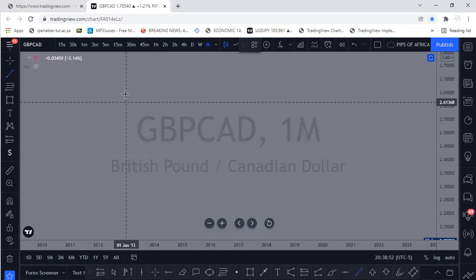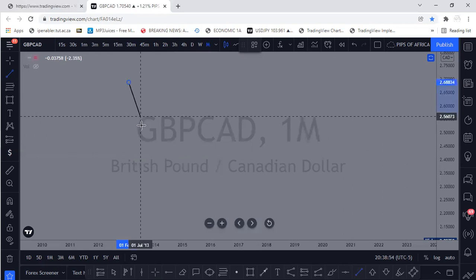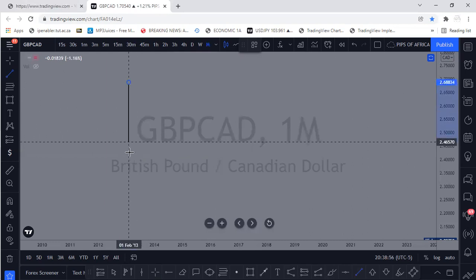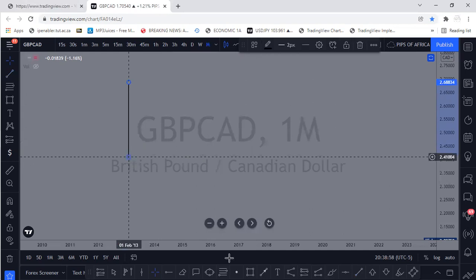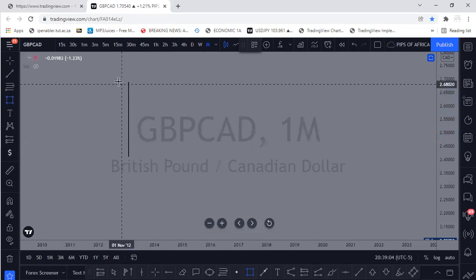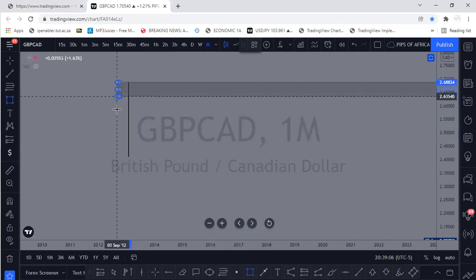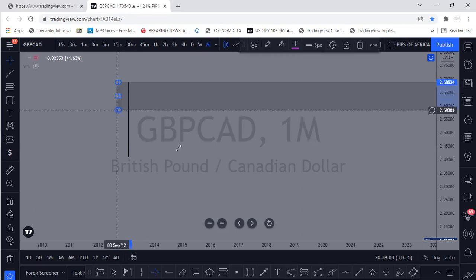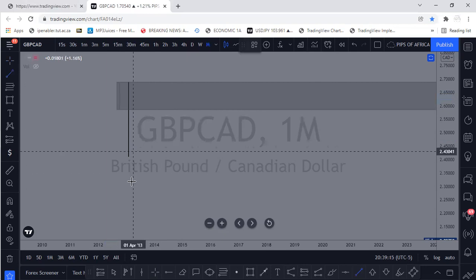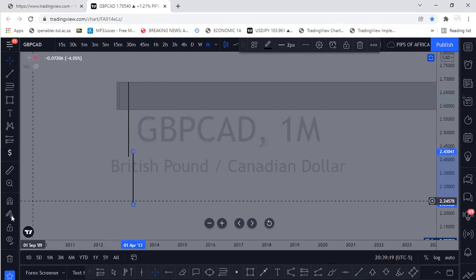So let's say now the market is pushing down like this. This is such a big move. And then you know very well that here there was an order block. Let's say this one is a monthly time frame. Here is your order block. Then the market kept on going to the downside like this, and then the second candle went to the downside like this one. So I want to show you something very important to take note of.